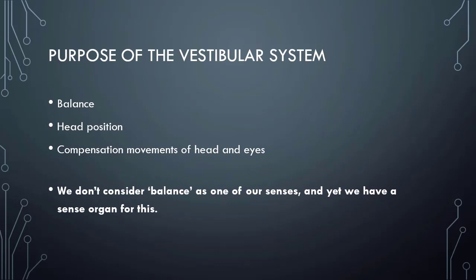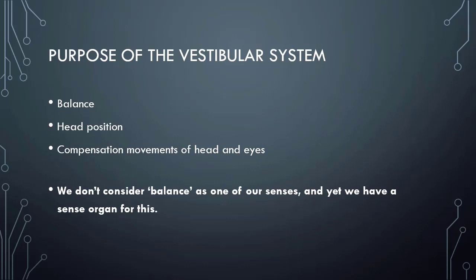One thing that I want to point out that I usually will talk about in the context of all of the sensory systems is that we all think of ourselves as having 5 senses, but balance is not a sense that you would come up with, and yet we have a sense organ for it.